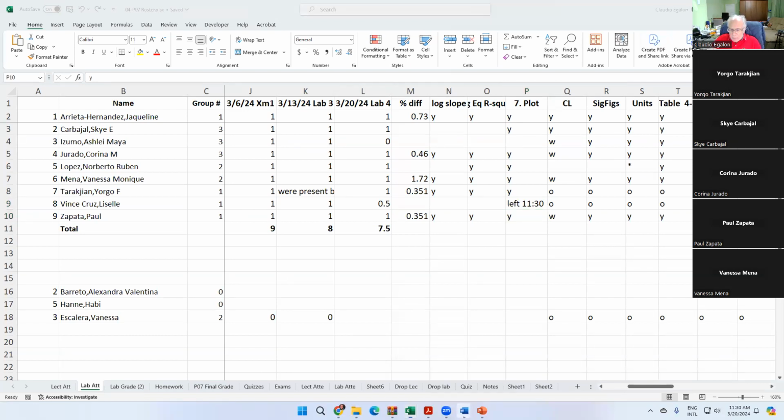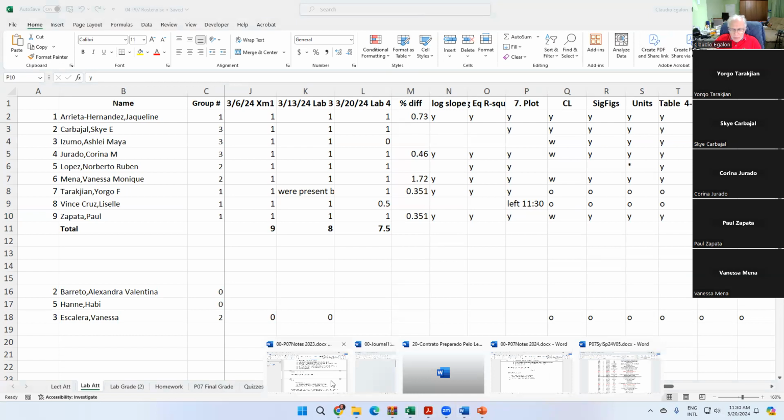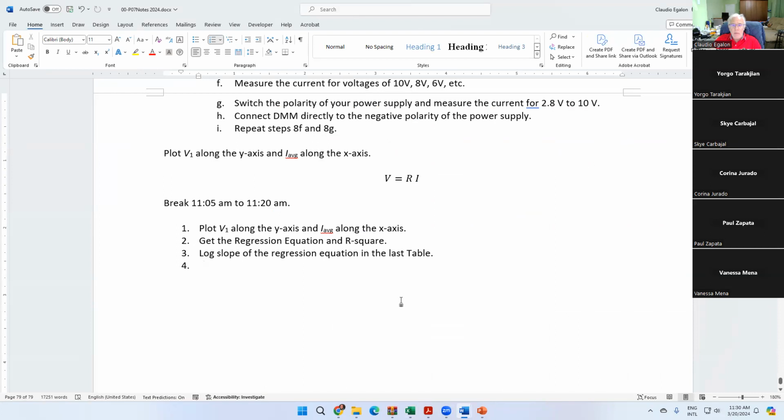Good. So what else do you have to do? There's more stuff that you gotta do. Log the slope of the regression equation in the last table. Report the percentage difference, which is usually less than 5% for this type of experiment.